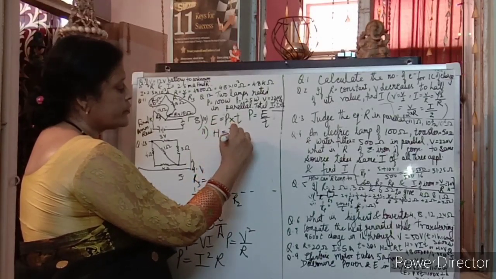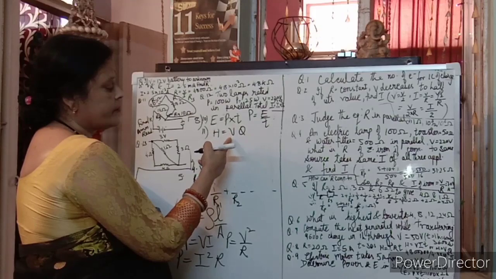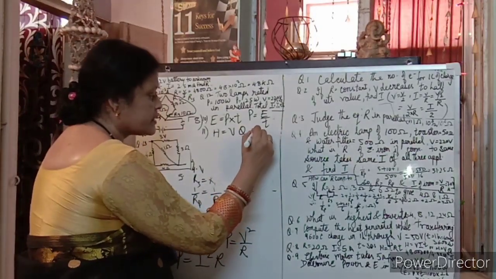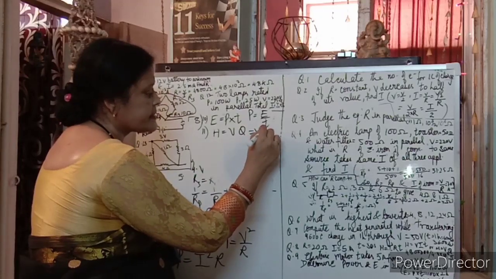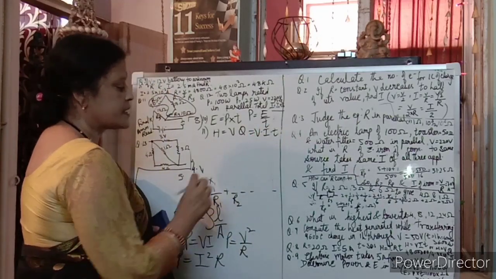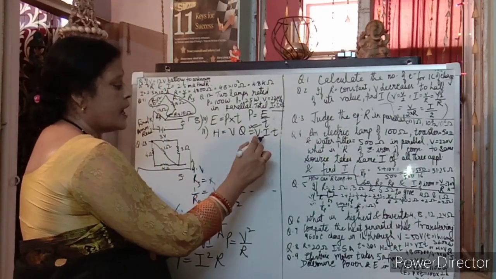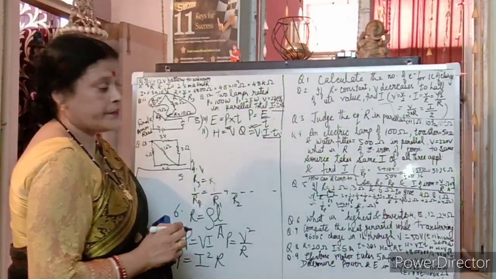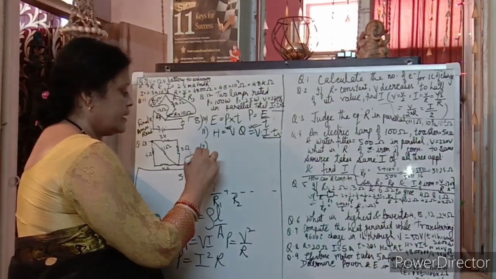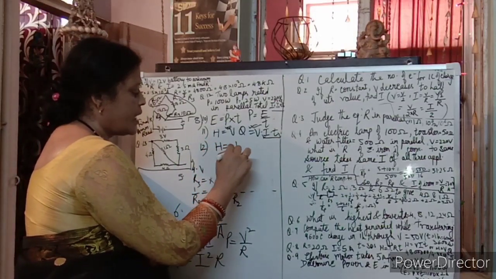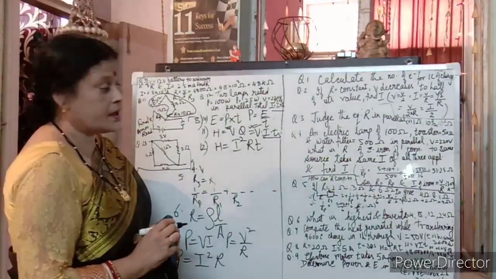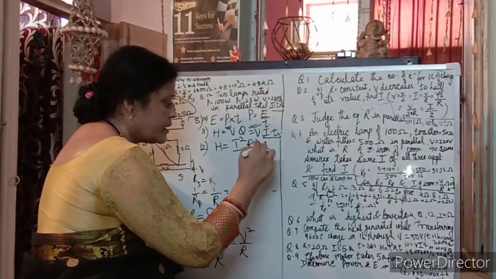Heat is equal to VQ, that is V into Q. Q is equal to IT, so if I and T are given in the numerical, then you can also use this formula, VIT. And H is equal to I square RT.